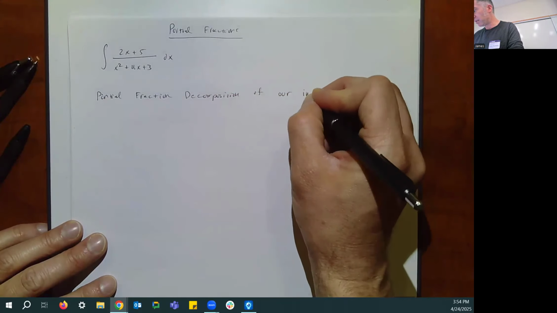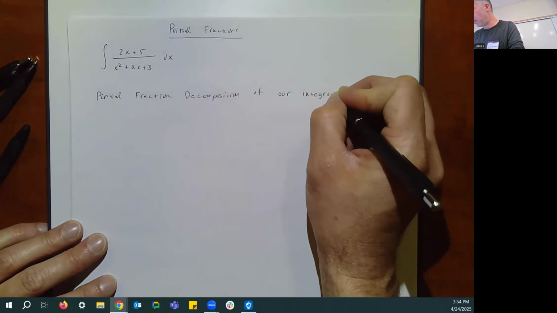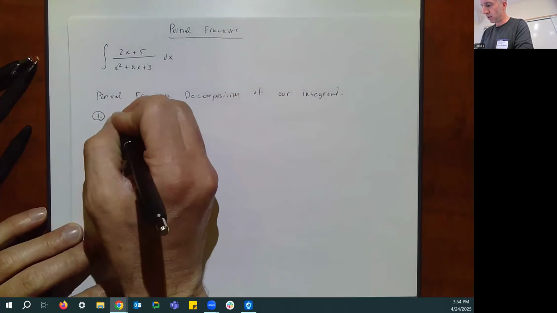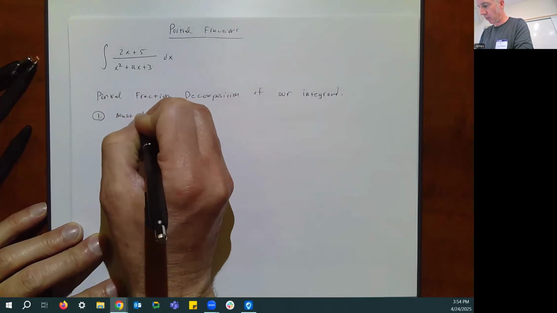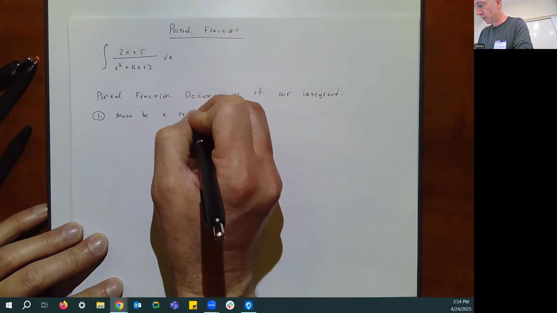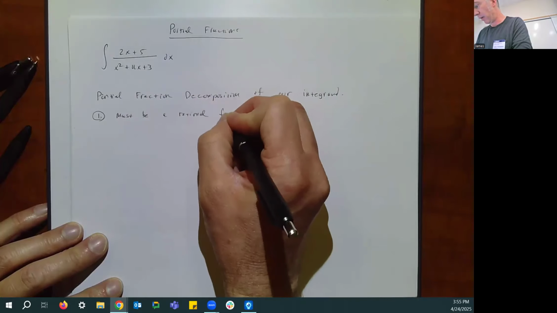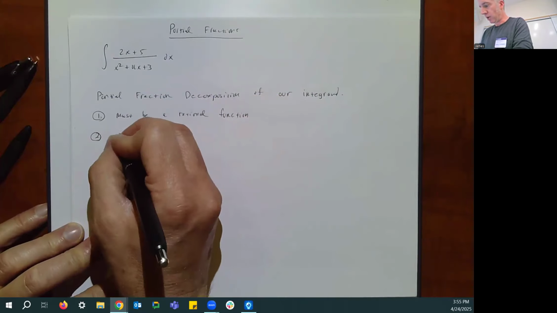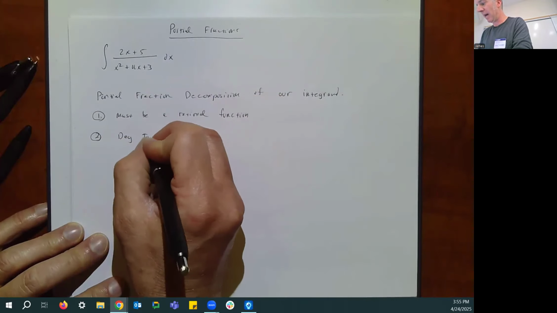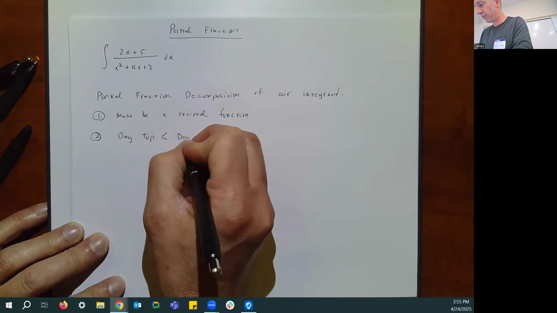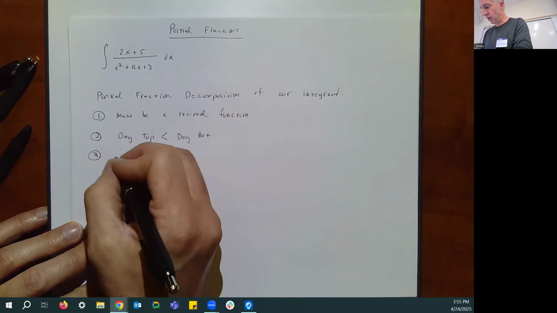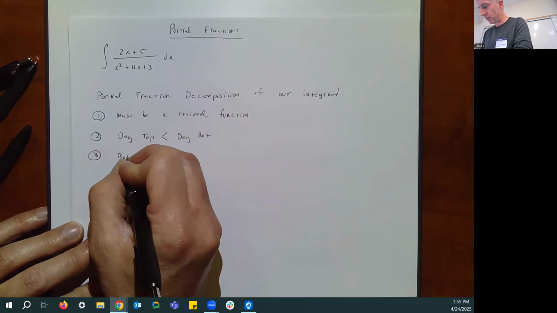Now, to do this, 3 things have to be true. 1, the integrand has to be a rational function, meaning a polynomial divided by another polynomial. 2, the degree on top must be strictly less than the degree on the bottom. And 3, the denominator must factor.